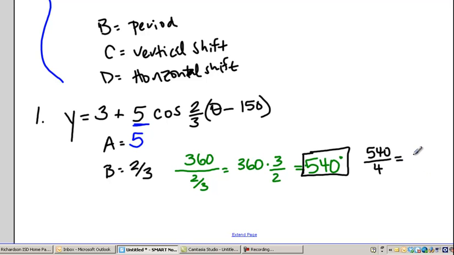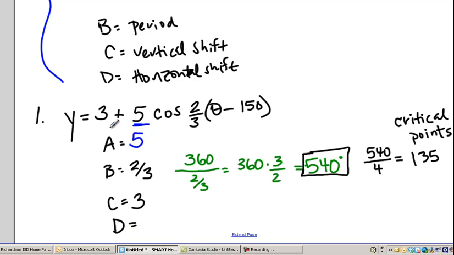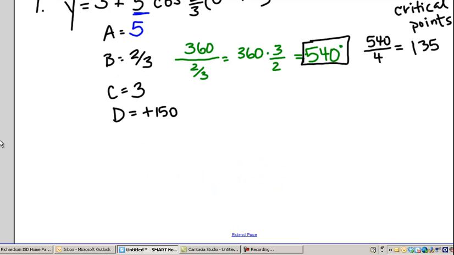And we get 135. So the distance between critical points is going to be every 135 degrees. Okay? C is our vertical shift, so we're shifting our graph up 3. It's that number right there. And then D is positive 150. Okay?